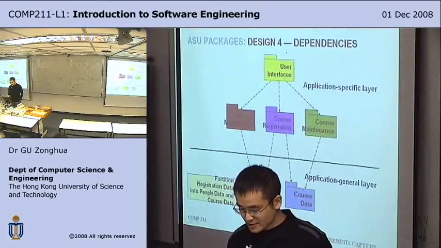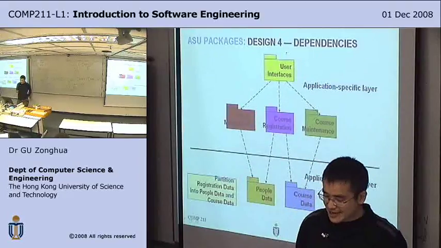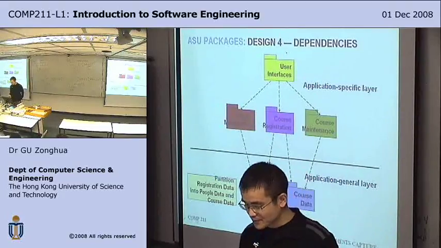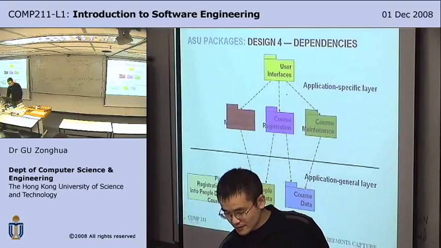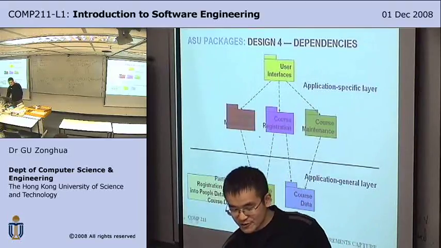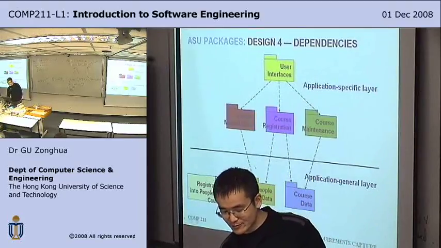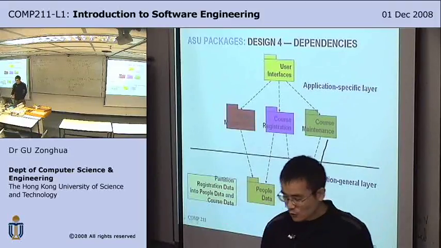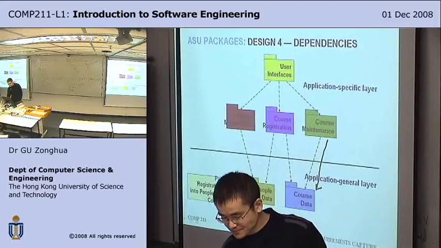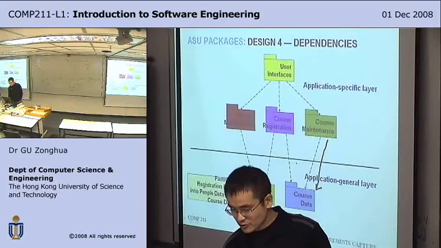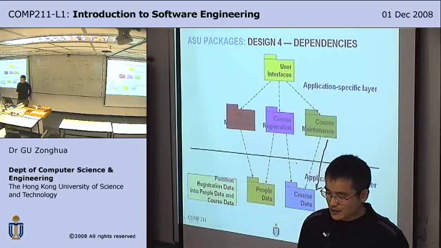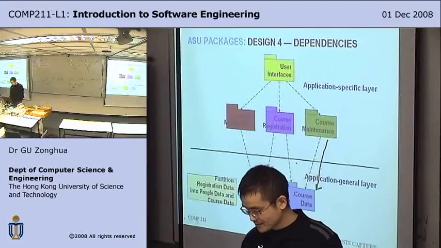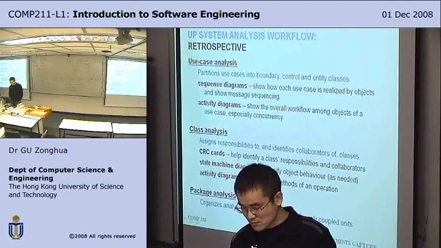Or you can partition the data packages into two, people data and course data. Then you can have more fine-grained dependencies. People maintenance only talks to people data. Course maintenance only talks to course data. Course registration needs both data. In the notes, you have how the analysis classes are grouped into these packages.